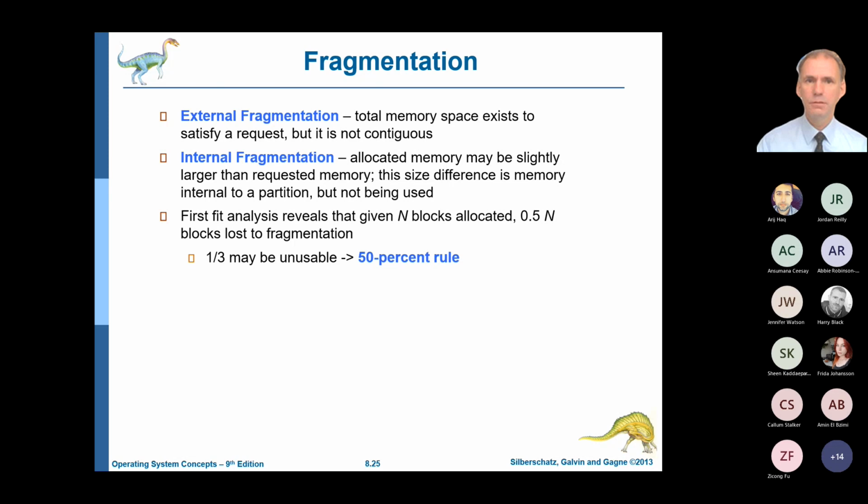They are not contiguous. Internal fragmentation is where we're using one of these allocation techniques, and we put our process into memory, but it doesn't quite fit, so there's stuff left over.